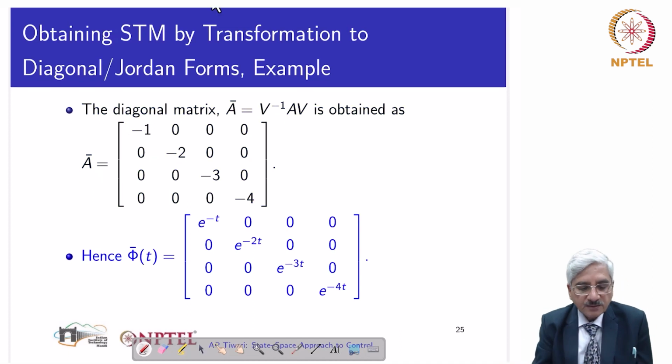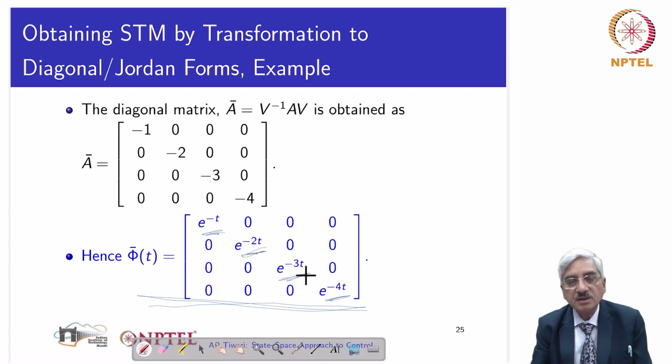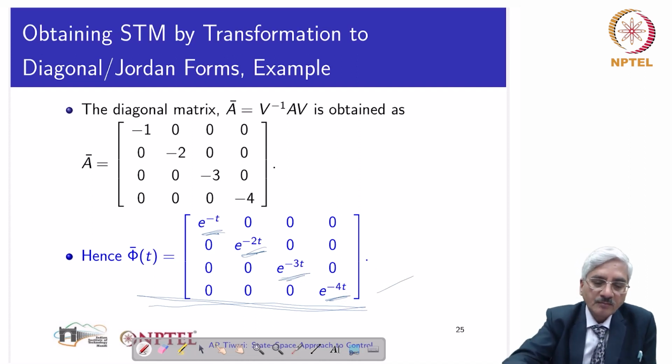Once that A bar is available, then we can write phi bar as this. Phi bar is also a diagonal matrix, and the diagonal entries are the e power lambda t in that form. So e power minus t, e power minus 2t, e power minus 3t, and e power minus 4t. That is the matrix phi bar.